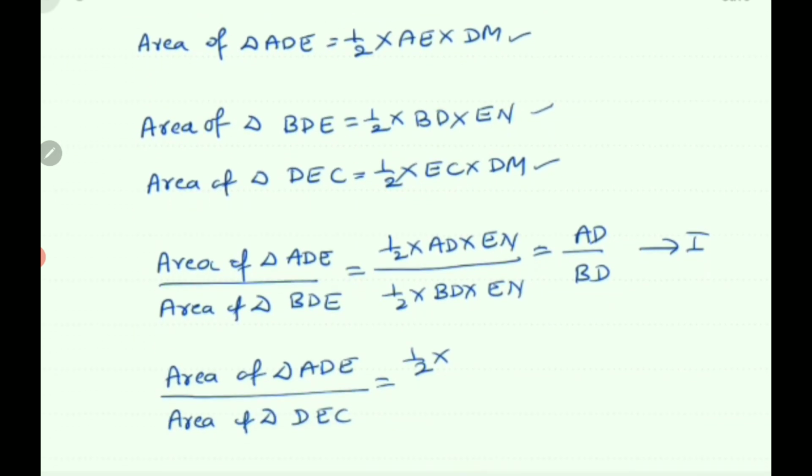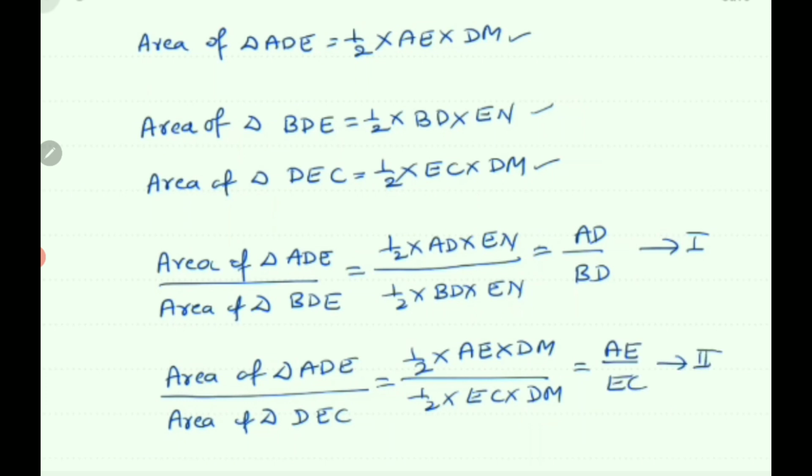That is half into AE into DM by half into EC into the same height DM. Here also DM cancels, half cancels. What is remaining here? AE by EC. Consider this as the second.